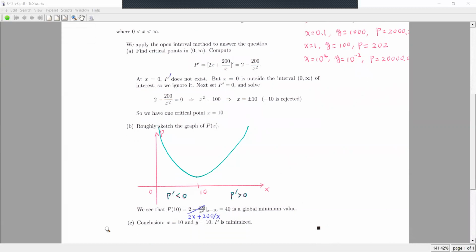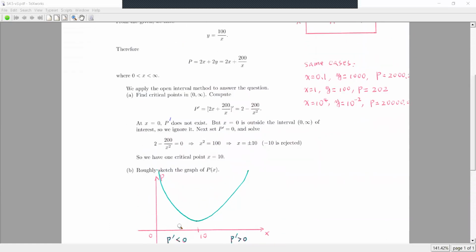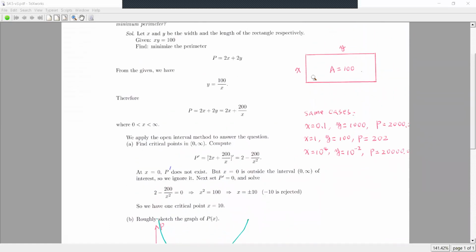Now make conclusion. When X is 10, then the corresponding Y is: X is 10, 10 times Y is 100. So Y is 10.